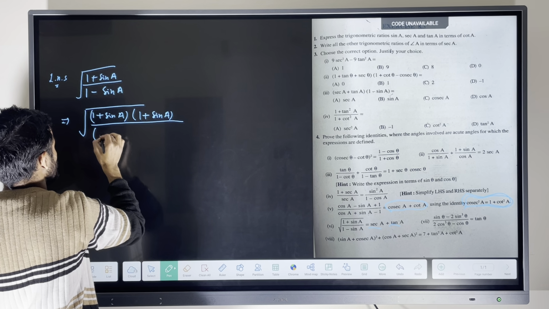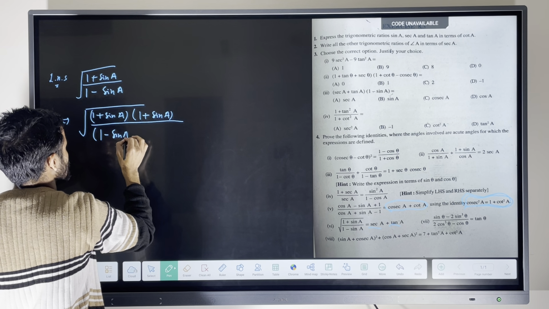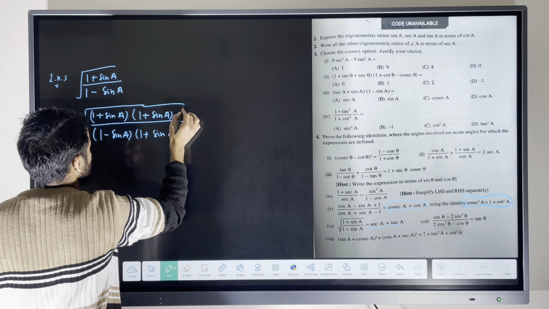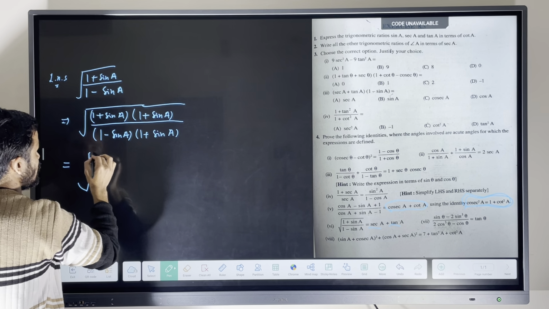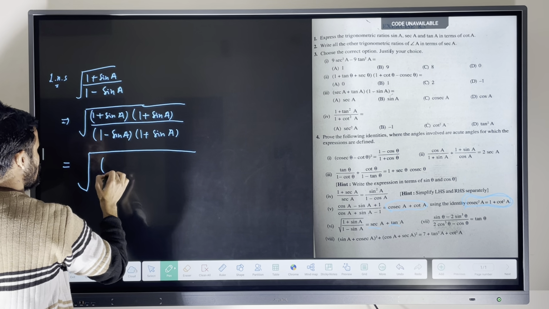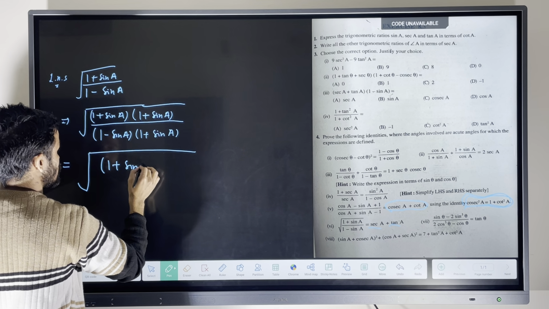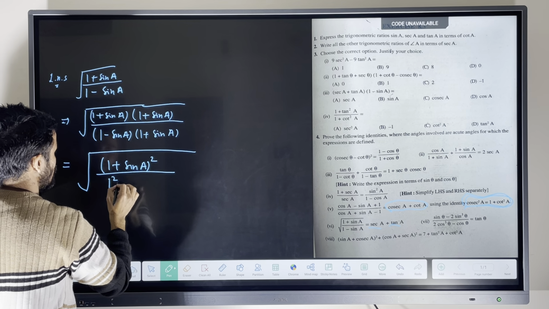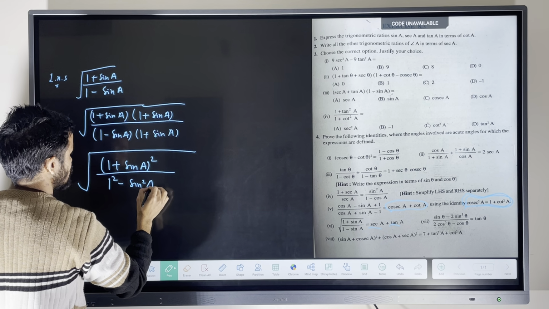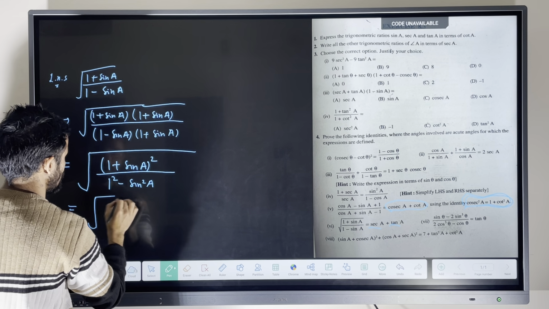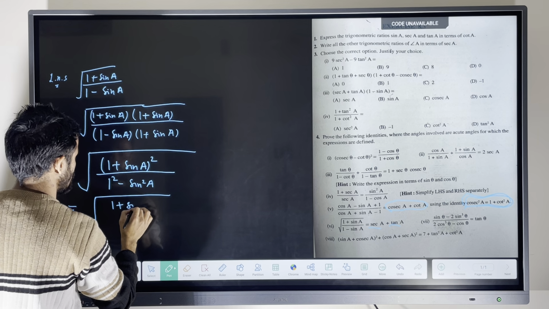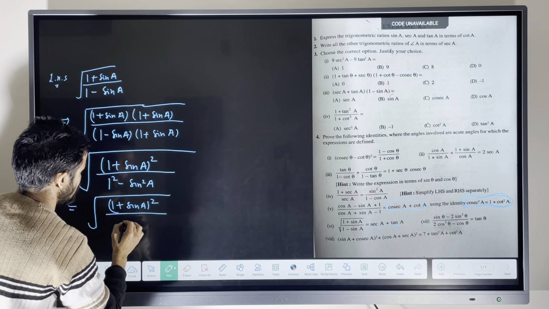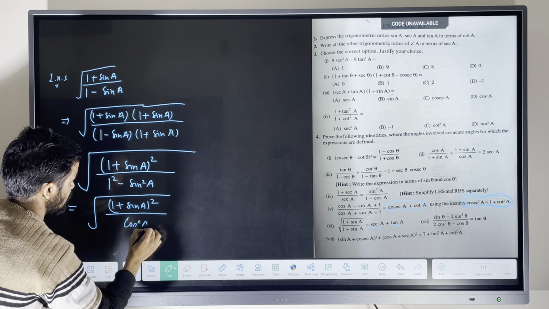So it will be 1 plus sin A whole square upon 1 minus sin A into 1 plus sin A, which is a square minus b square, so 1 minus sin square A. This is cos square A.